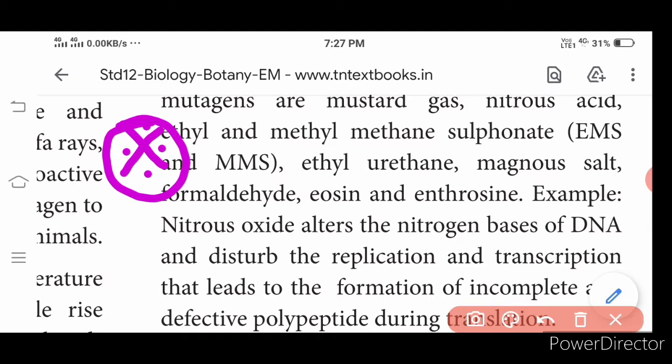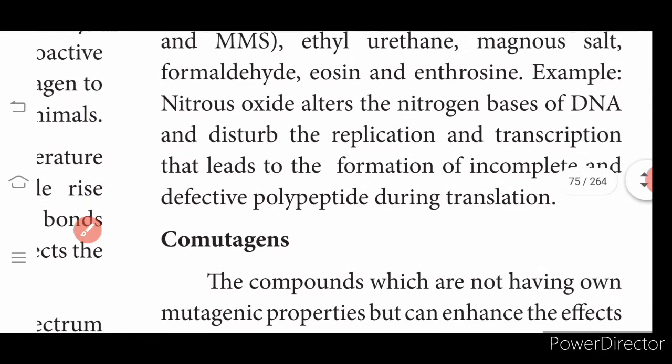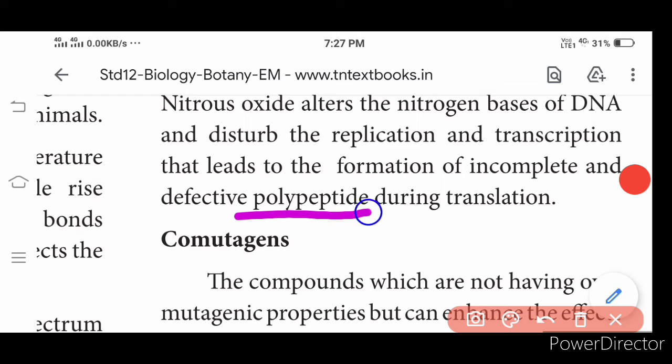For example, nitrous oxide alters the nitrogen base of DNA, disturbs the process of replication and transcription, and that leads to the formation of incomplete or defective polypeptide. What is polypeptide? Polypeptide is nothing but protein. Proteins are nothing but hormones and enzymes.